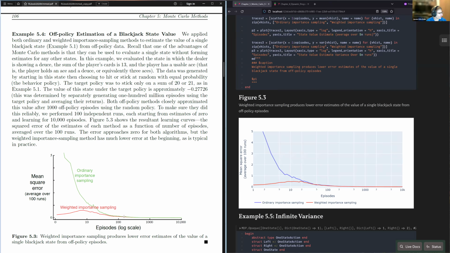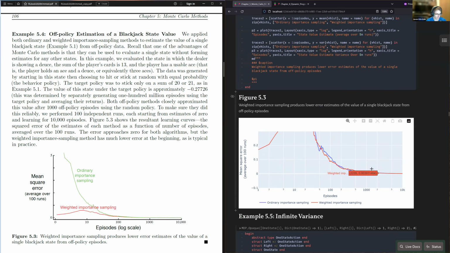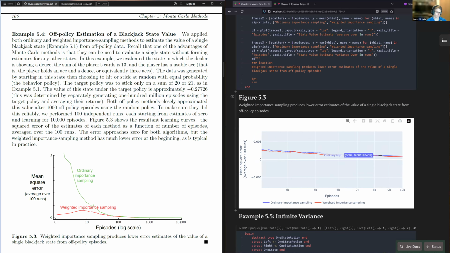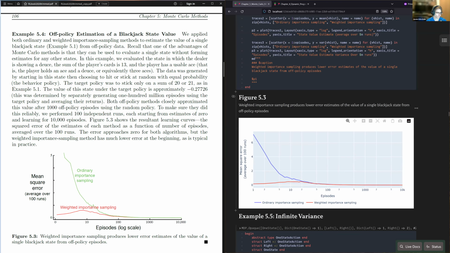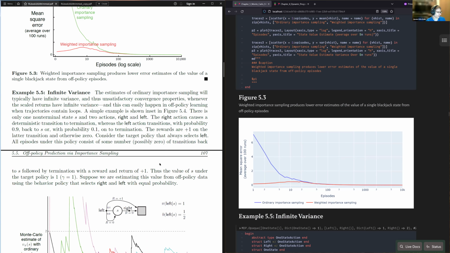Although honestly, once you get out to this number of episodes, both have converged in a similar way to the correct value. You wouldn't be confident until you get way out here, and way out here the policies have very similar errors. But where this becomes a major problem is when you have infinite variance, which is the subject of the next example.